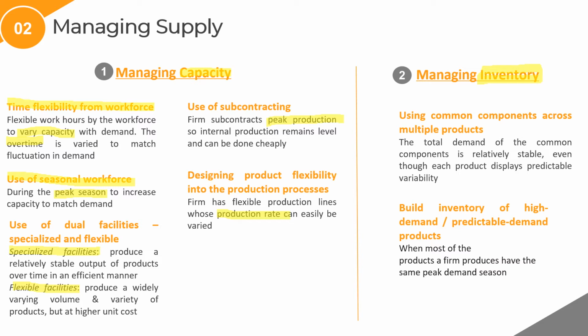The total demand of the common components is relatively stable, even though each product displays predictable variability. And then the second one is building inventory of high demand or predictable demand products. That is when most of the products a firm produces have the same peak demand season.